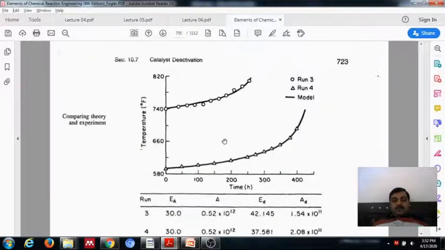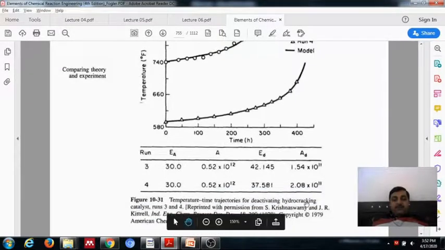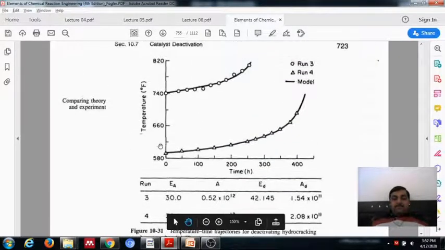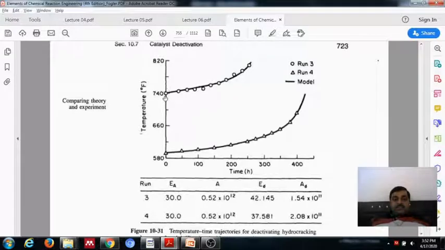One example is given here, where temperature time trajectories for a deactivating hydrocracking catalyst have been given. If we look here, temperature keeps on increasing from 740 Fahrenheit to 820, so that the rate remains constant and the reactor can run up to like 250 hours.